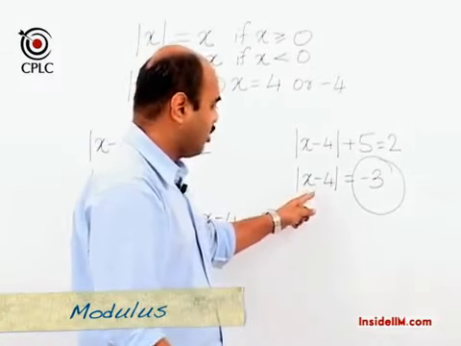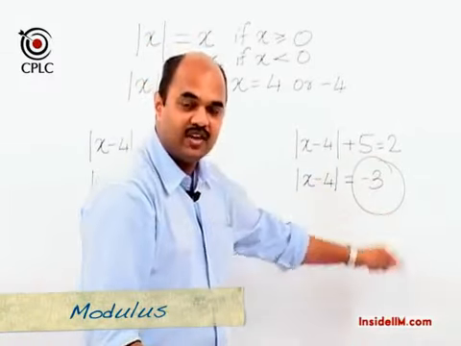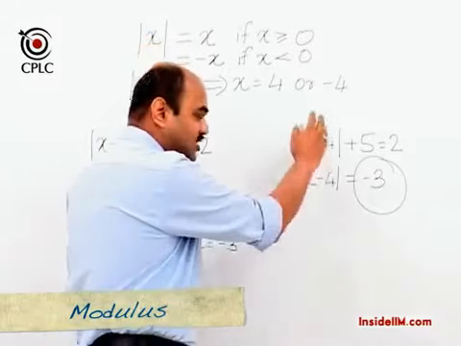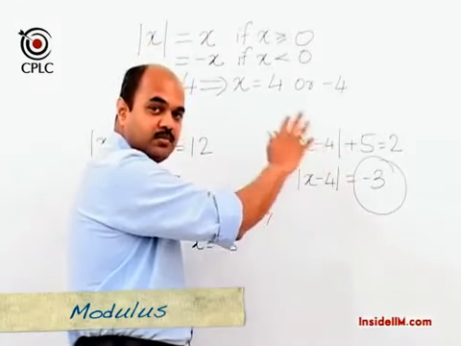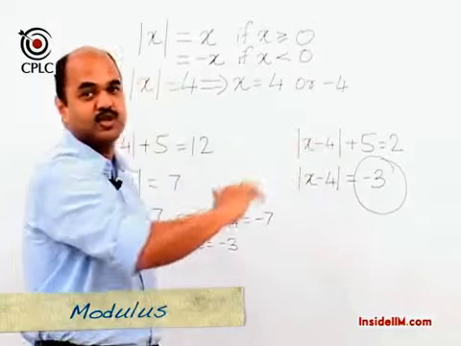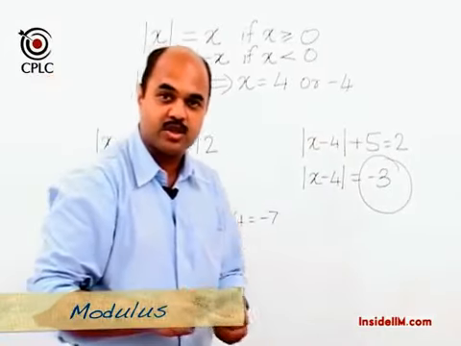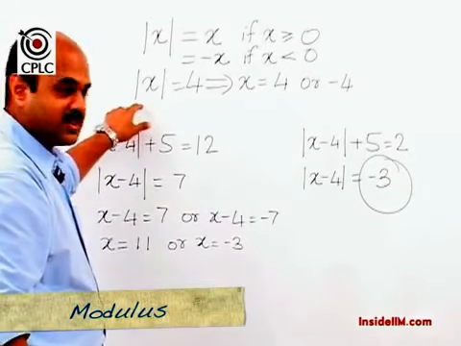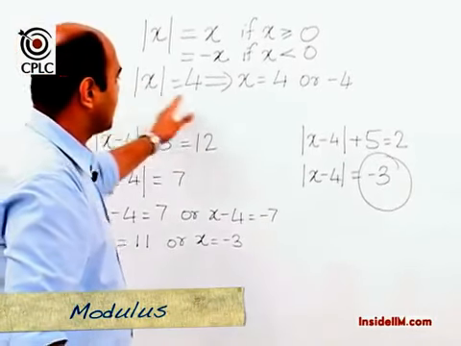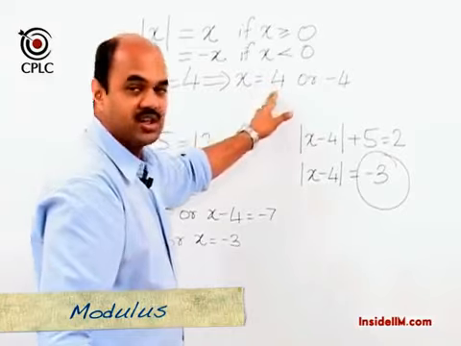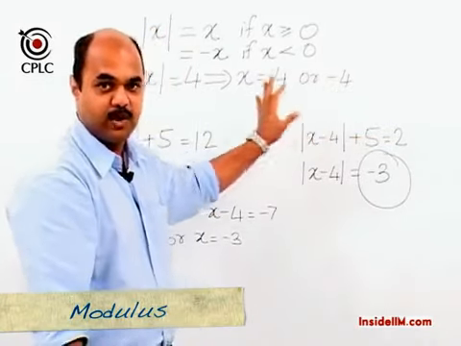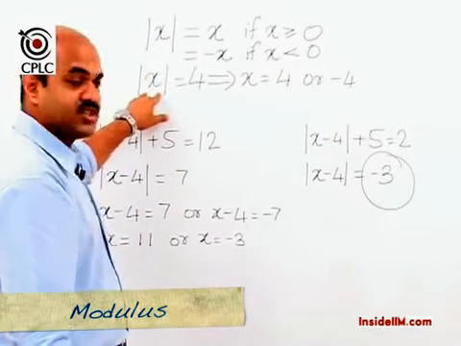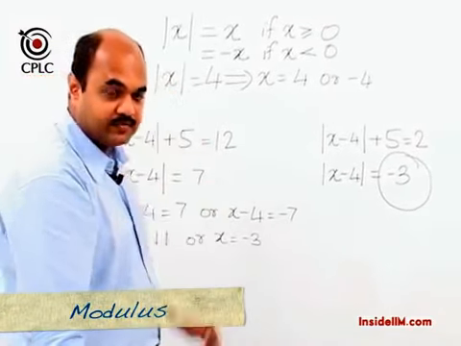So how can mod of x minus 4 be ever equal to minus 3? This is not possible. There is no solution, because this is incorrect. So when we are solving questions involving modulus, when you remove the mod sign, you're supposed to take positive as well as negative possibilities for whatever is there within the modulus sign.